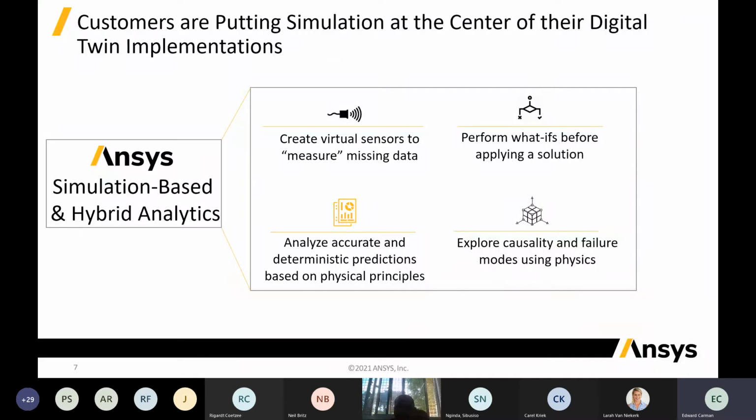Simulation can also be used to perform what-if scenarios. This should be a familiar approach for anyone who's done simulation. You're trying to test out what would happen under different situations.